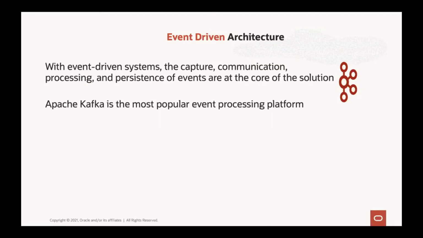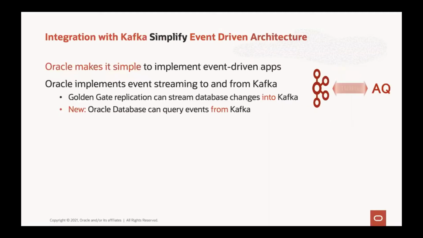So it is very important to be able to work with such platforms to be able to process events directly from the database. This is why Oracle has implemented this inside the database engine, so you can implement event streaming directly from Kafka and to and from Kafka. You can use Golden Gate, and you can use the database to query directly events from Kafka.